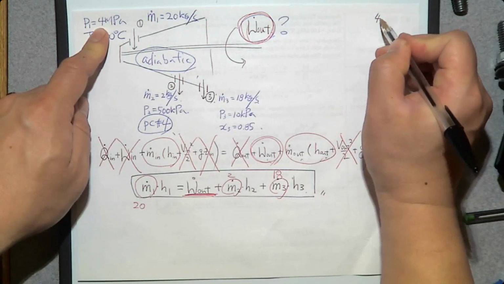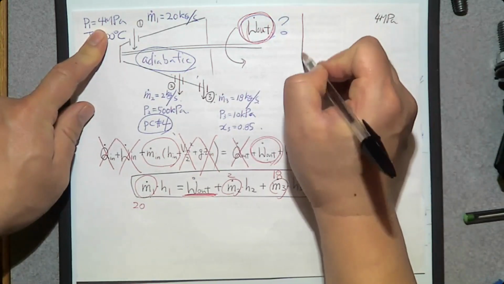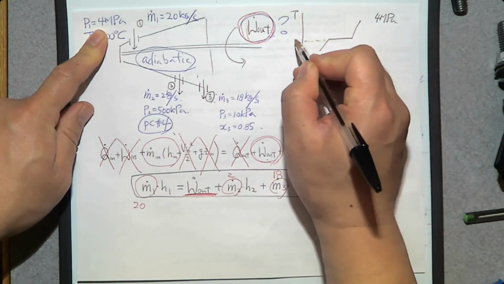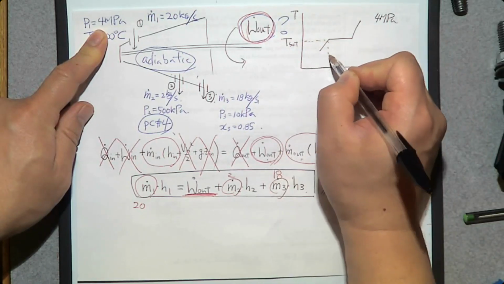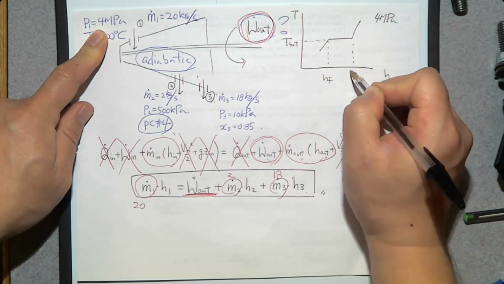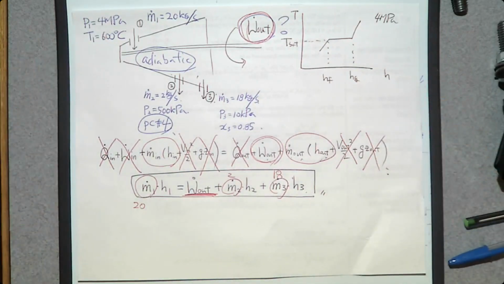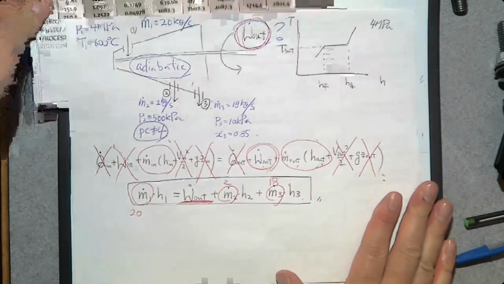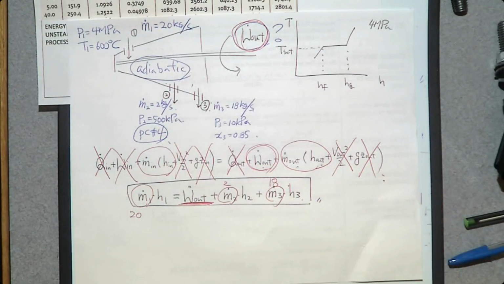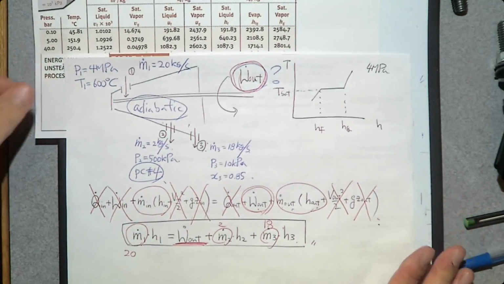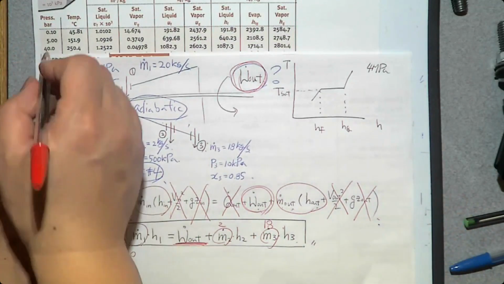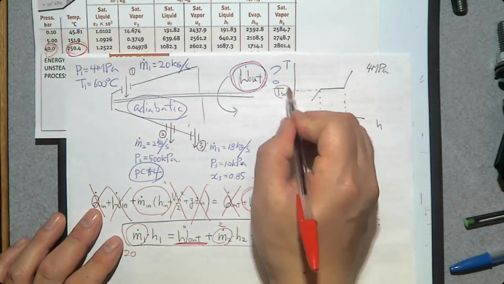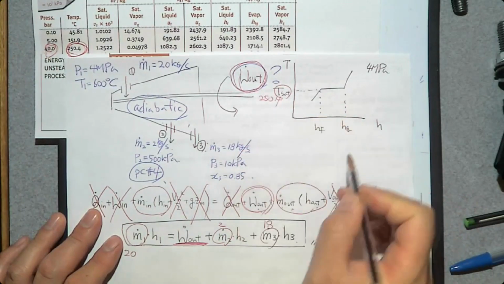At this pressure, 4 megapascal, we can make a T-H diagram. The T-H diagram looks like this. To complete this T-H diagram, we need to know Tsat, Hf, Hg. Where can you find Tsat, Hf, Hg? From 4 megapascal. At 4 megapascal, Tsat is 250.4.